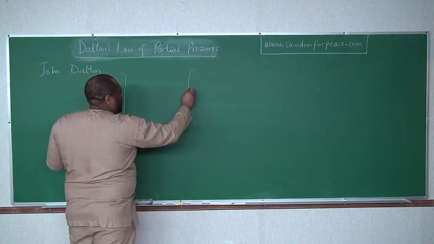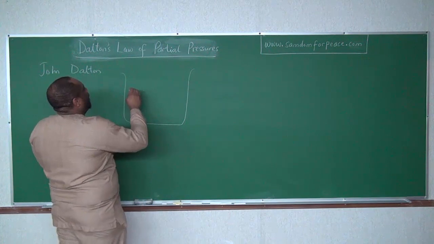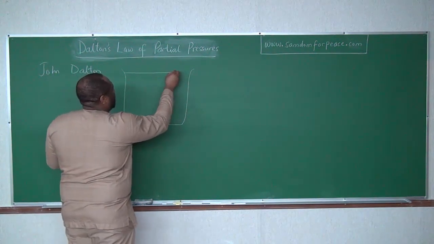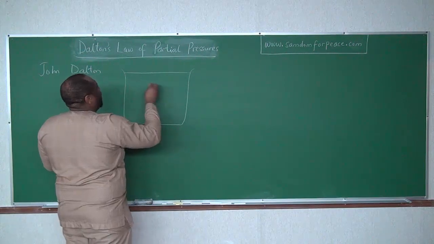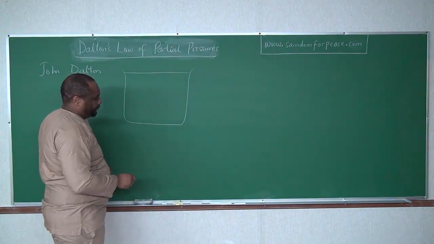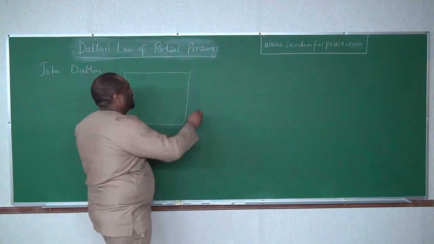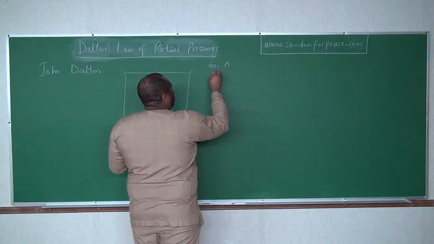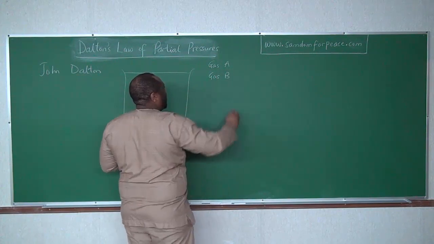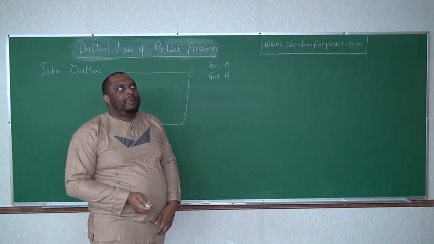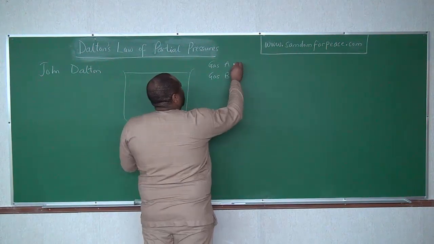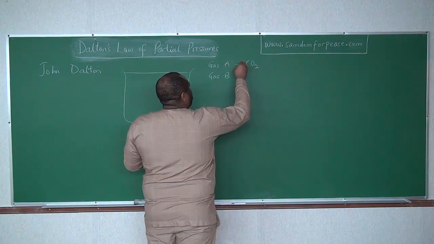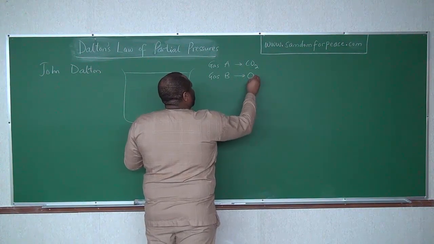So let's say we have a closed container. It's closed. And let's say we have two gases, gas A and gas B. Let's say gas A is carbon dioxide, and then your oxygen.